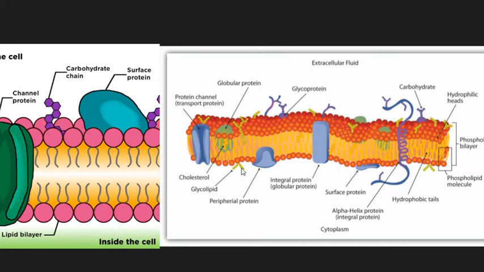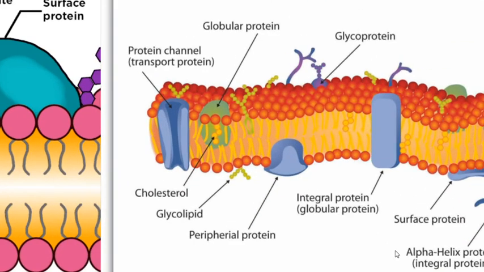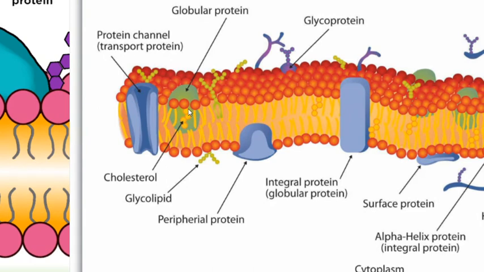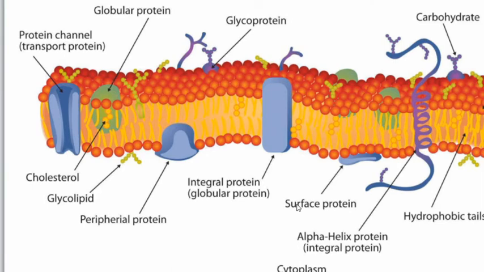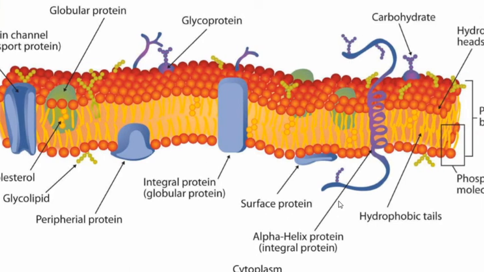Here is a glycolipid. Now let me clear up one thing: cholesterol forms a layer of lipid. When we study the structure of lipid deeply, this is cholesterol. These are single units of cholesterol formed in a chain. Surface proteins can be outside or inside of the cell.